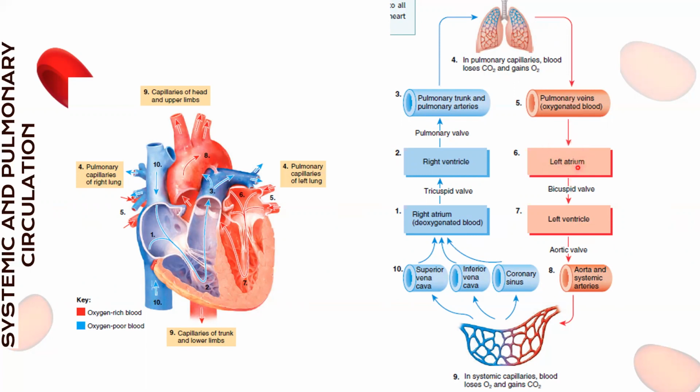Then blood from the left atrium goes through your bicuspid valve to the left ventricle, through the aortic valve to your aorta and systemic arteries towards the systemic circulation. Blood would be drained again by your superior and inferior vena cava and coronary sinus back to the right atrium. This is the flow of blood in each heartbeat.